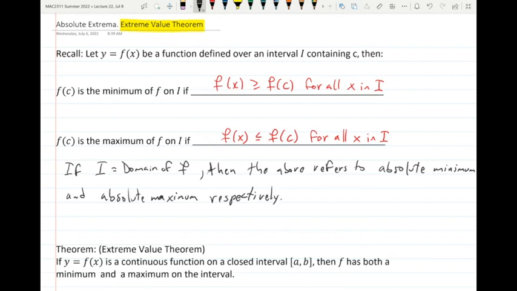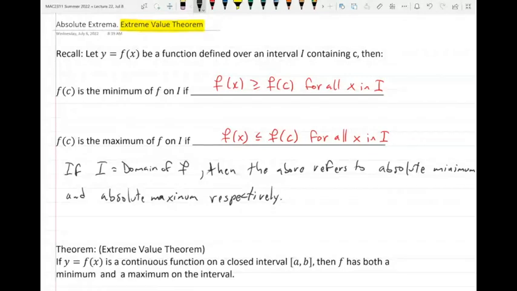Okay, so in other words, if the function has an absolute minimum, there is a point at which the value of the function is the smallest for any x. So for all x, f of x is greater than or equal to f of c. And it's going to be an absolute maximum if f of x is less than or equal to f of c for all x in the domain. In other words, f of c is the highest possible value that you can get on the entire function.